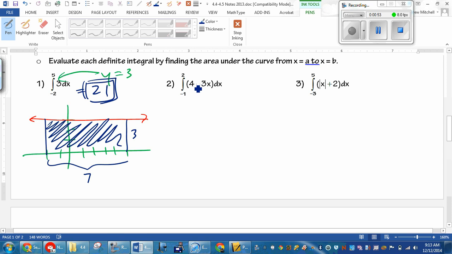For number 2, let's switch this. Let's change this to 3 minus 3x. It's going to make it a little bit easier for now. All right, here we have a line, just a regular line, slope and y-intercept, so we can graph this.